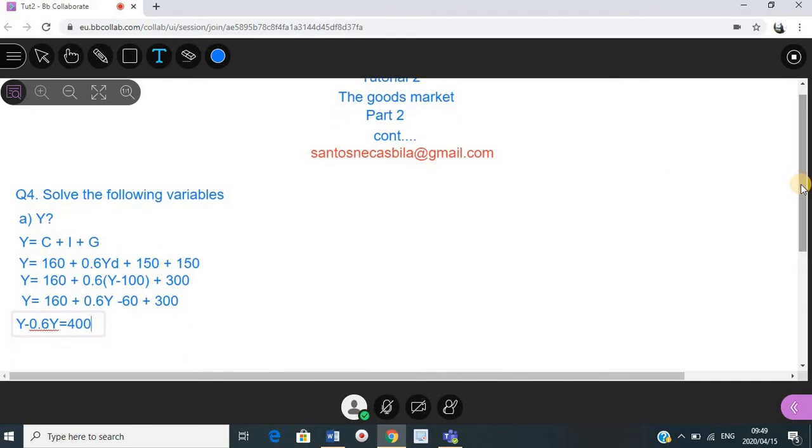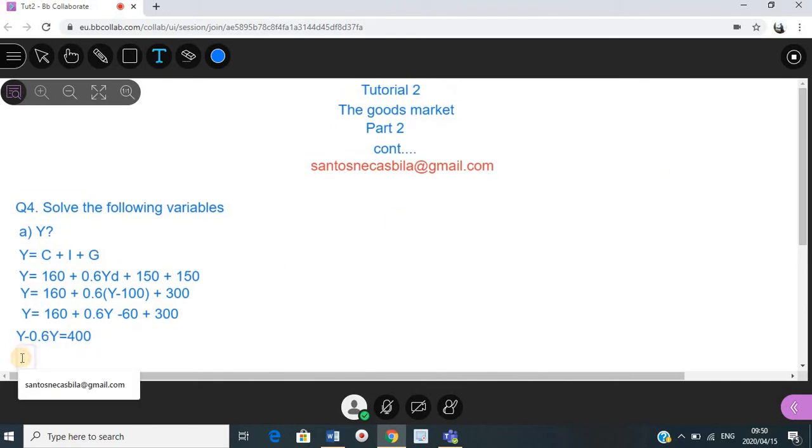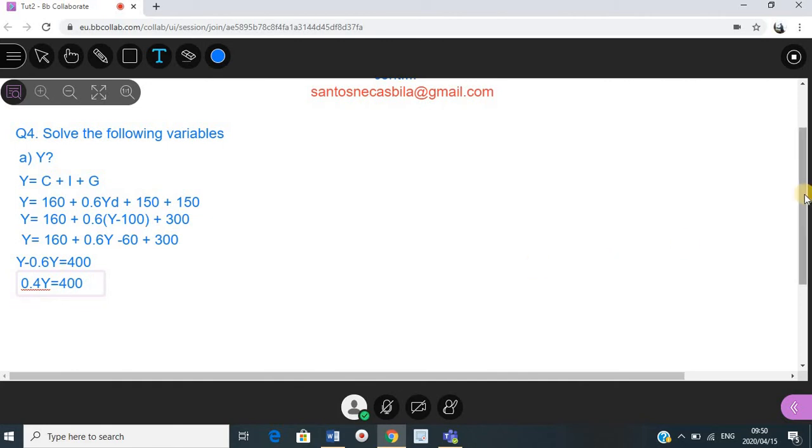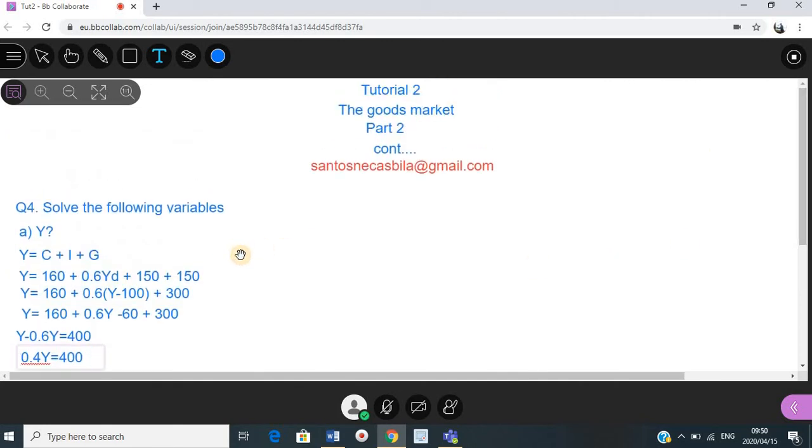And this is going to be 0.4Y equals 400, and this is going to imply that Y is going to be equal to 400 divided by 0.4, which is equal to 1000.